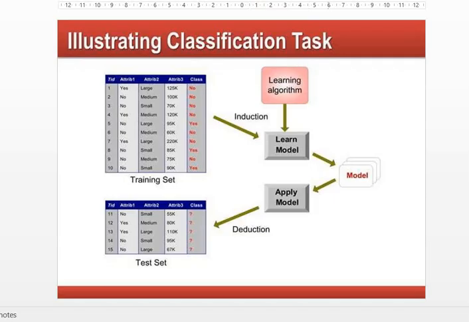Finally, we have to apply the model, and it goes to the detection stage, that is your deployment stage. So this is your 80% training data and 20% testing data. Training is called induction and testing is called detection of the data set.